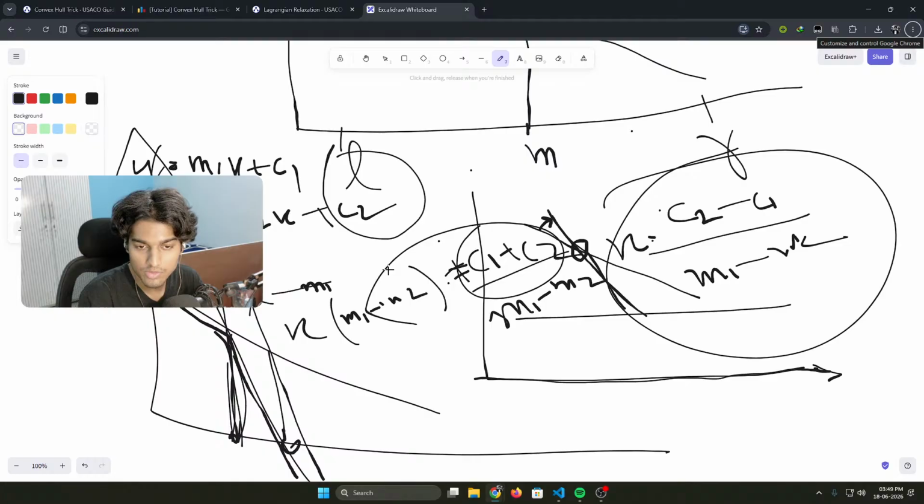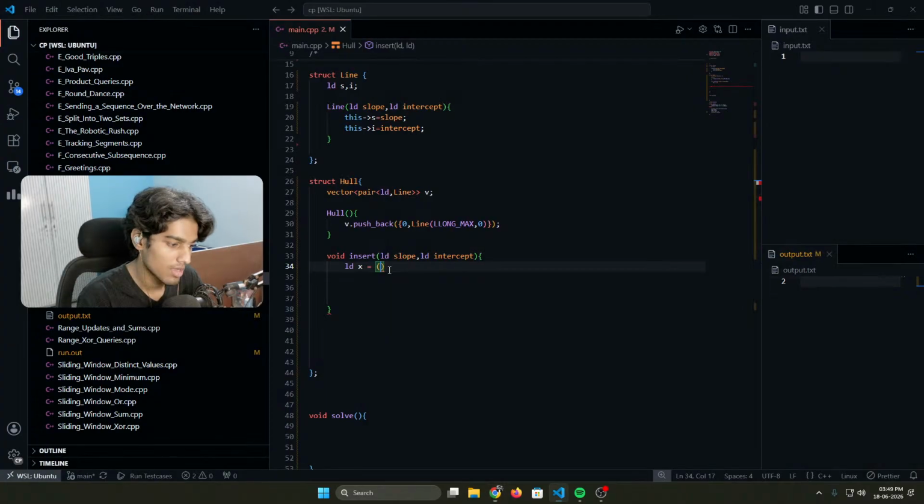So what is C2? C2 is coming from, let me also take the stuff from the line, from the V. So what should I name it? It's called a.